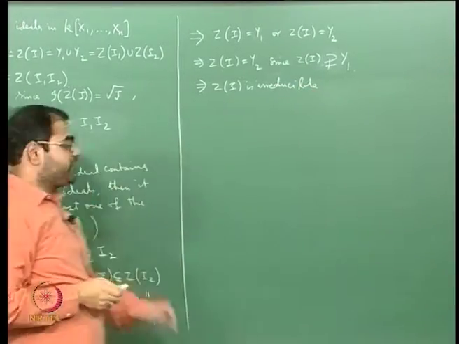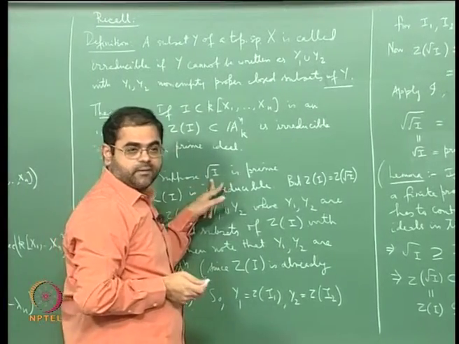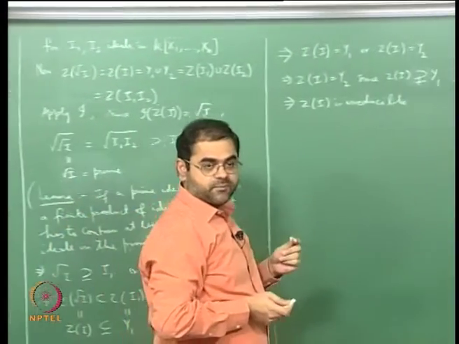So we started with rad I prime, and we are able to deduce that Z of I is irreducible.